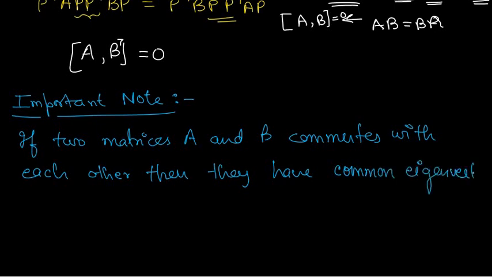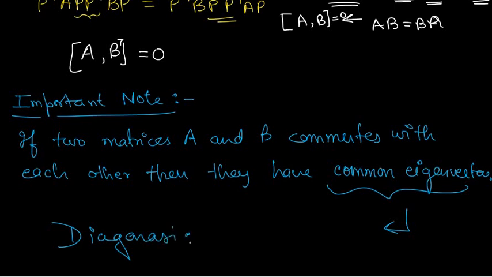And if they have a common eigenvector, they can be diagonalized simultaneously. Okay, so that was the thing. So please correct the spelling of diagonalized.